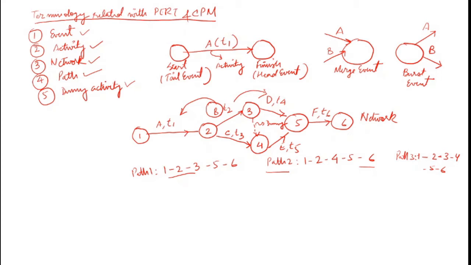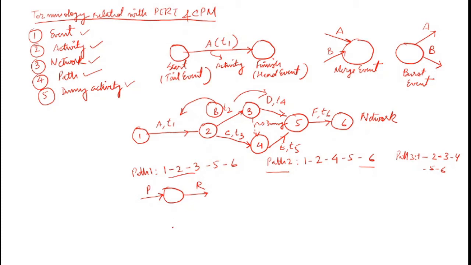Then there is dummy activity. Dummy activity is when two activities start at the same instance of time and do not consume time or resource. It is generally used to maintain the logical sequence, and it is generally denoted by a dotted line. For example, there is an activity P which ends at an event, and out of this there is another activity R which starts.